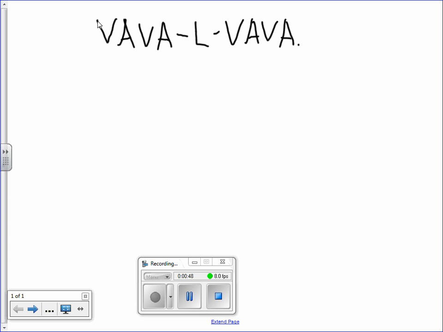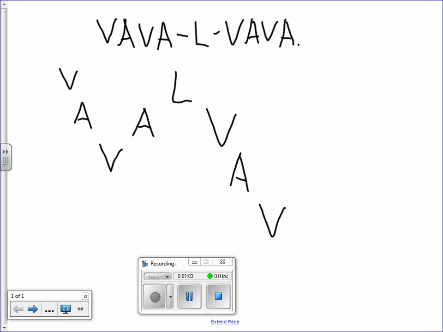So you should put your paper horizontal and list it out like so. Va, va, L, va, va. Okay? Now, we have the entrance of blood coming in this way, and the blood leaves and goes to the body that way.